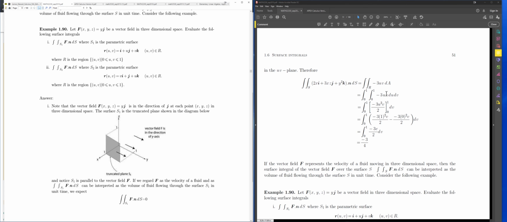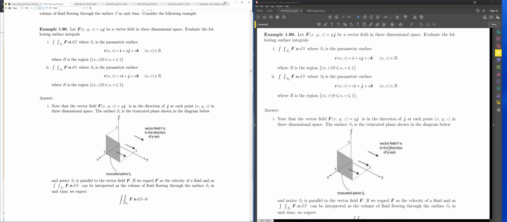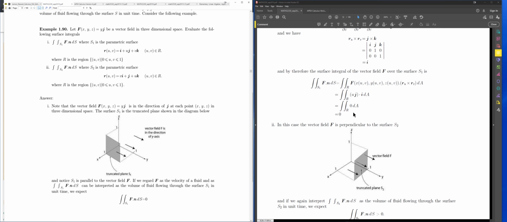The inside over here is going to be 0, and you can check when you work it out that when you go through all these steps, you'd always just have a 0 inside here, 0 inside here, and you'd get a 0 over here. So in this case, when I work out my surface integral, I get 0, and that agrees with the fact that nothing is in fact cutting across the S1.